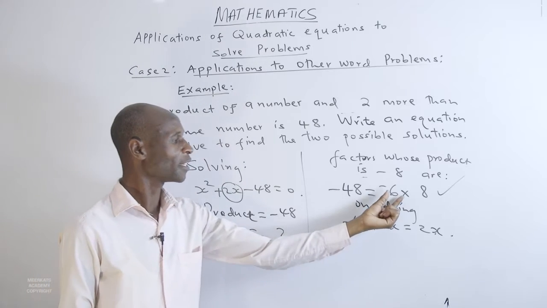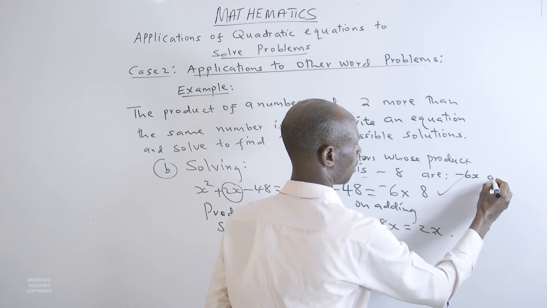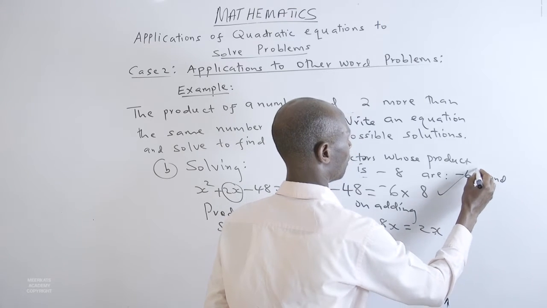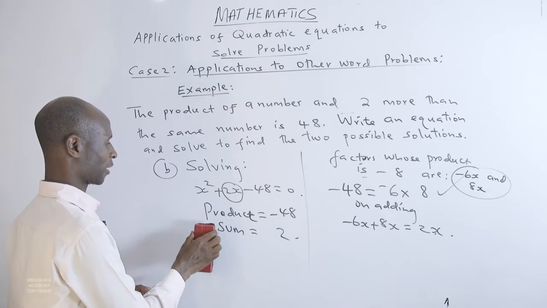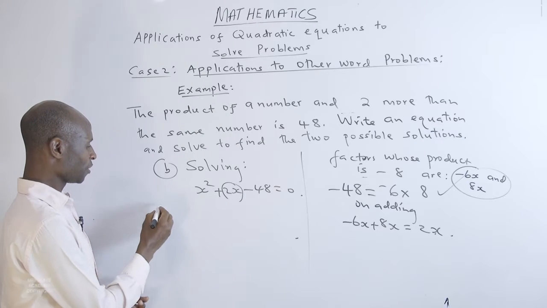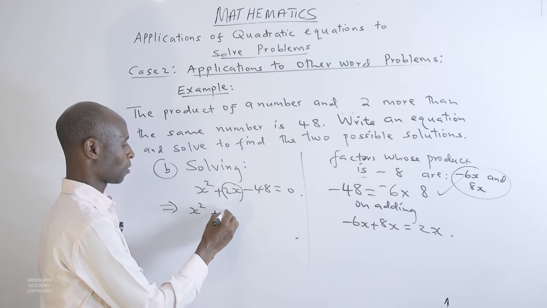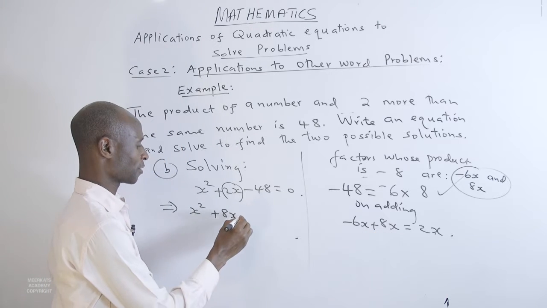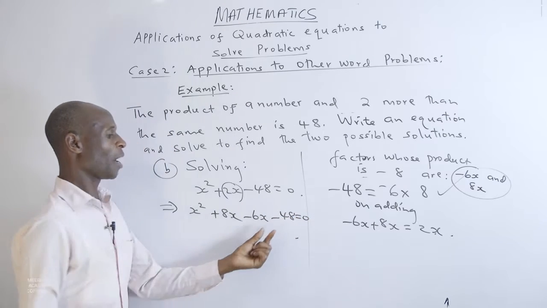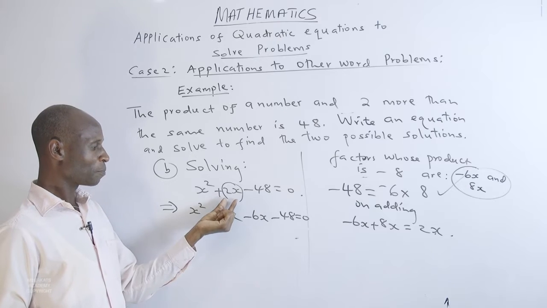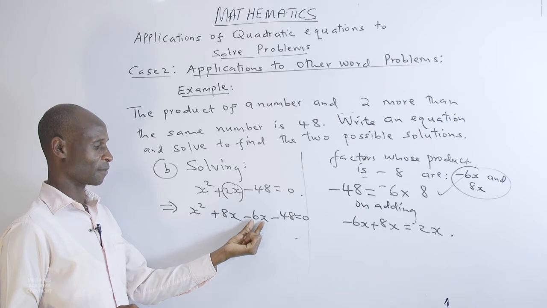So the only factors are negative 6x and 8x. So instead of 2x, we use the two factors: x squared plus 8x minus 6x minus 48 equals 0. So we have split 2x using the factors 8x and negative 6x.